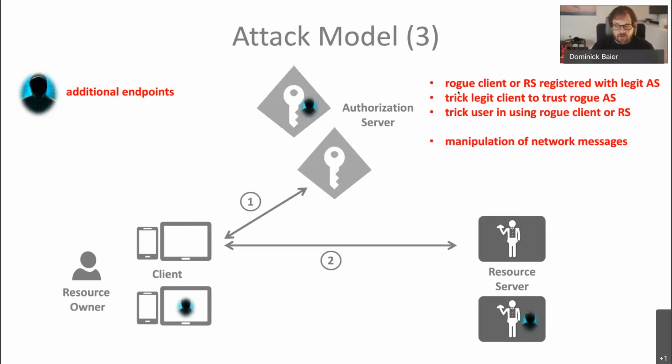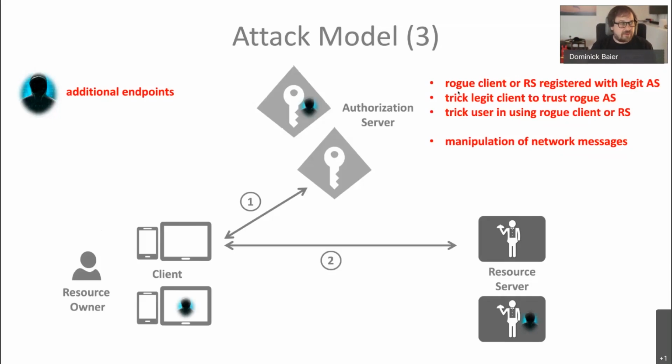And that gets even more exciting, I guess, if they can trick the legitimate client to use the rogue authorization server, or can trick the legitimate user to use the rogue client with the legitimate resource server. All of these permutations are probably legal protocol interactions, but executed in a way that you have not thought about or have not protected yourself against, right?